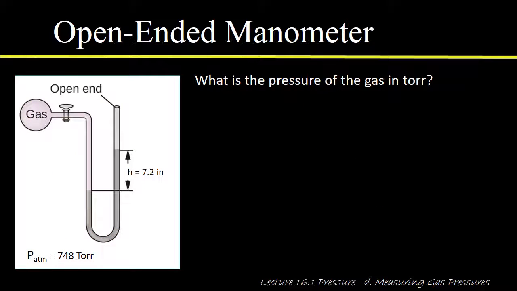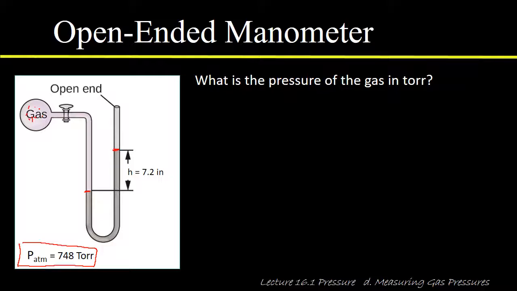All right. Here's another very similar question, again, an open-ended manometer. We've got a gas, a U-tube full of mercury. Mercury goes from here to here. We've got atmospheric pressure here, and we want to know the pressure of the gas in this container here.